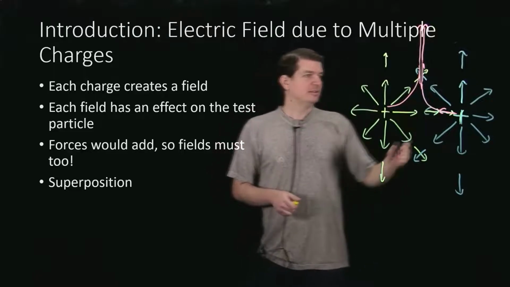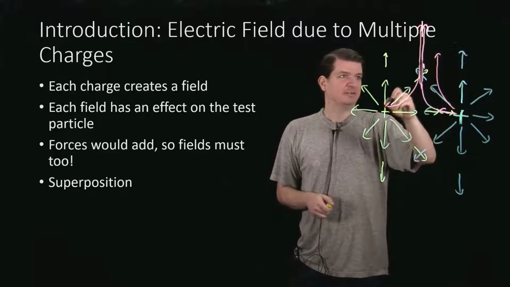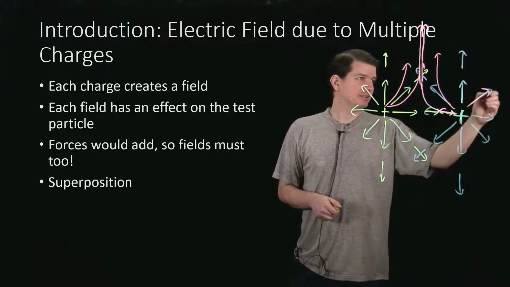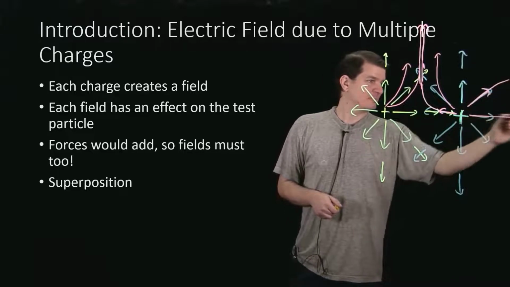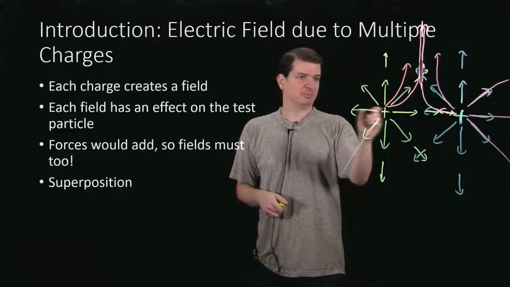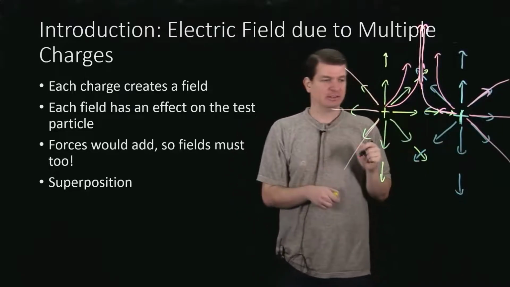All right, so we can start seeing what's happening. Basically, the field on the far side is mostly doing what the one charge wanted. It's unaffected by the other one, because by here, the blue one is really weak.